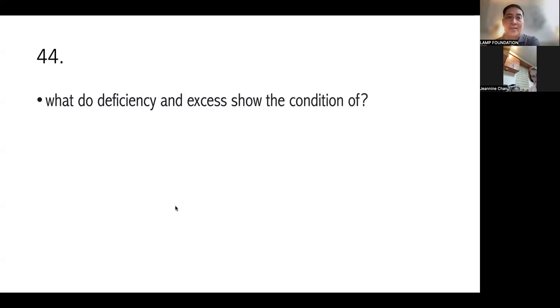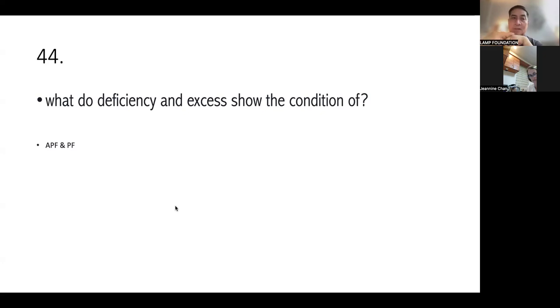Okay. What do deficiency and excess show about the condition? Why do we say excess or deficiency? What are we really referring to? It generalizes various syndromes due to exogenous pathogenic factors or accumulation of pathogenic factors inside the body. In short, the APF and the PF: the anti-pathogenic factor and the pathogenic factor.